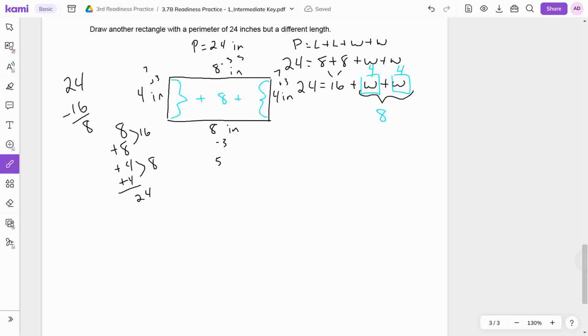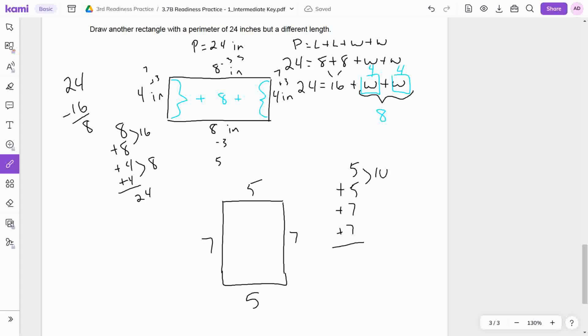So let's see if that works. So I'm going to do a rectangle that's like this. And I was thinking if I take 3 away from my length and give it to my width, that should work. Let's see, 5 plus 5 plus 7 plus 7. That's going to be 10 and 14.